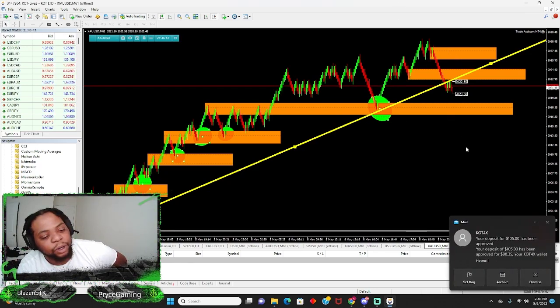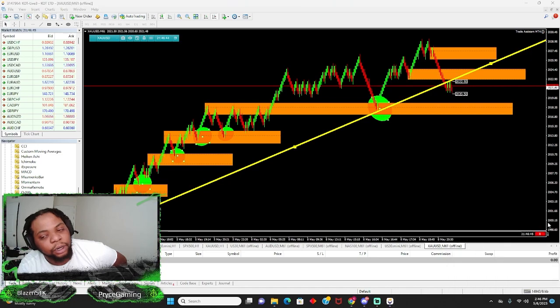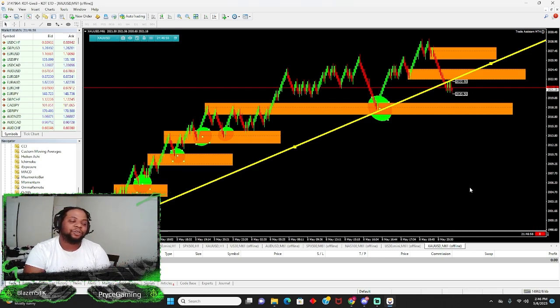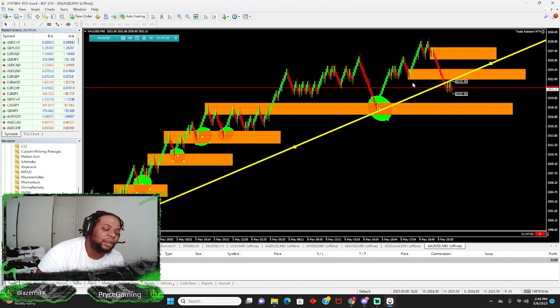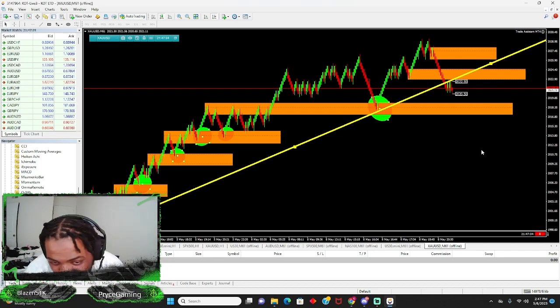If we come below here, and we bounce and we come back here, then it's now starting to make a downtrend. It has broken its current market structure and is now producing sells. Cool.